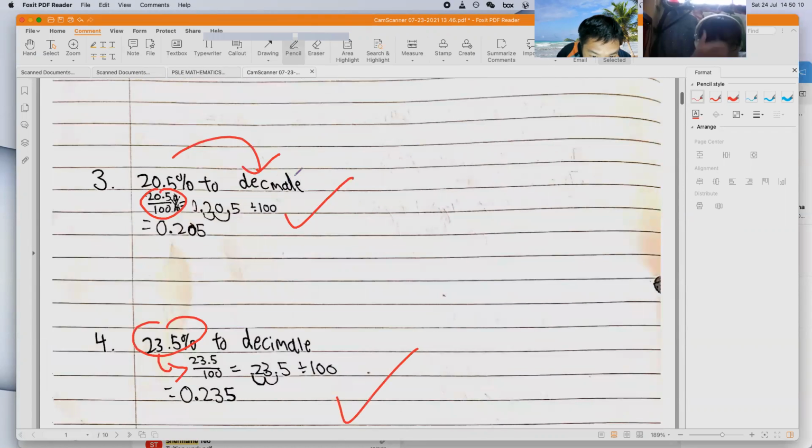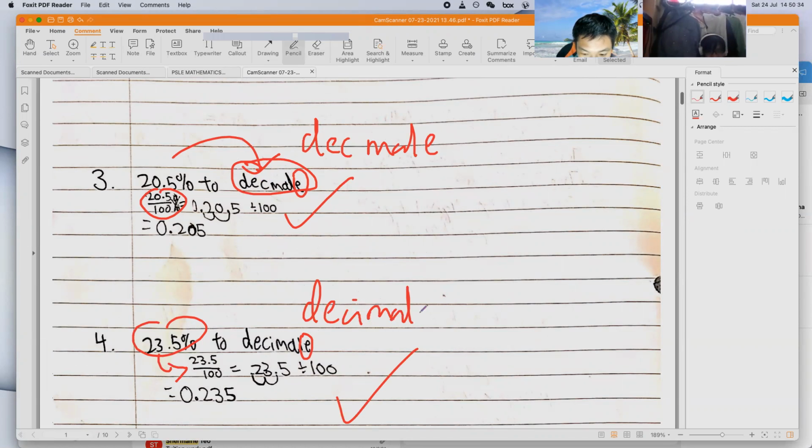Your spelling is wrong. What yeah? This one is tag mail. And this one is what?